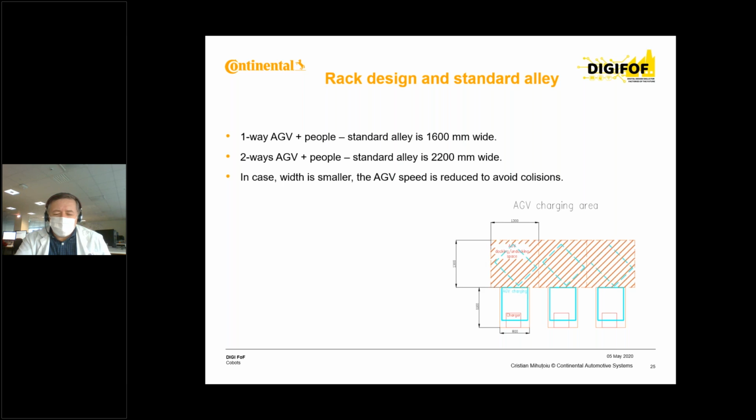So it's very important to put together all these restrictions: the space that is available, dimension of the alley, traffic going on in the alley, together with the speed and performance you need for the AGV, and to define the optimum solution in terms of safety, which is first place, and then in terms of performance.